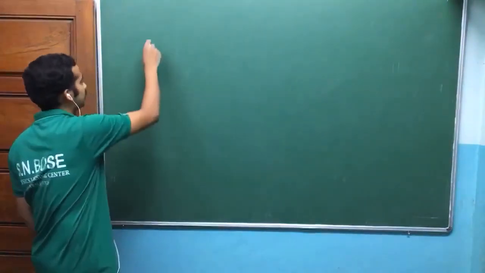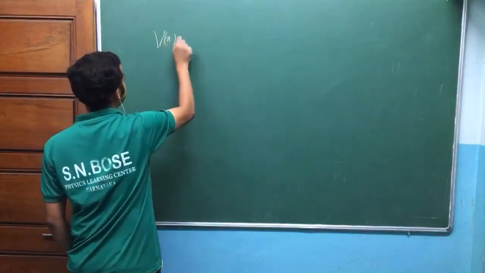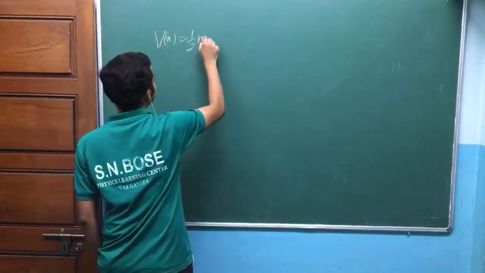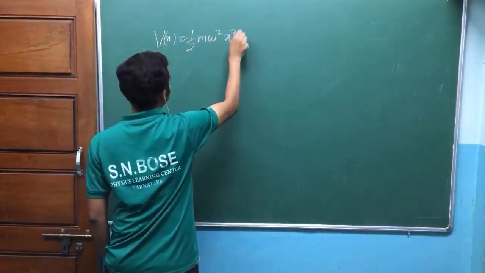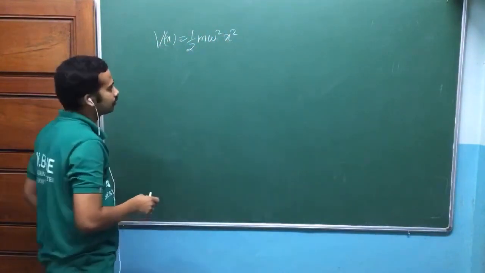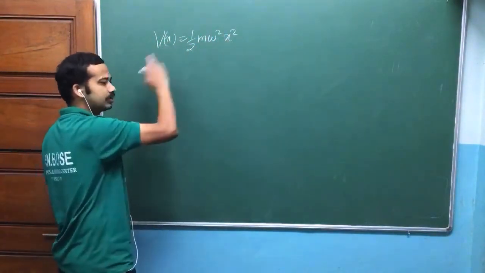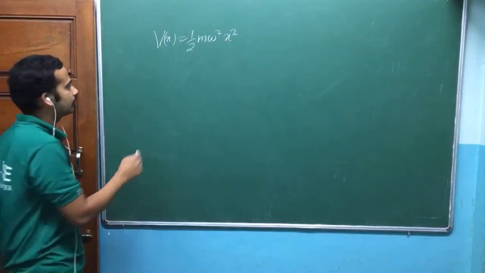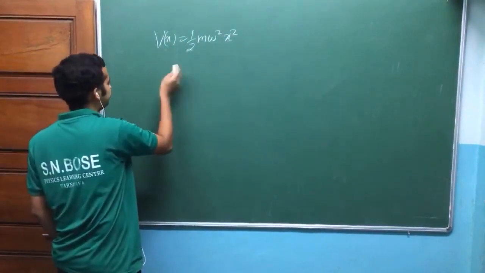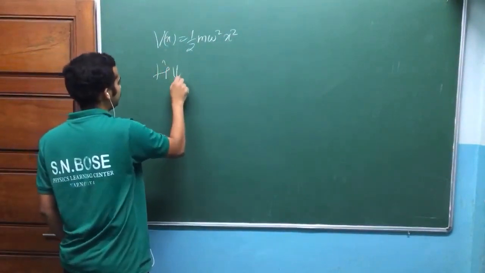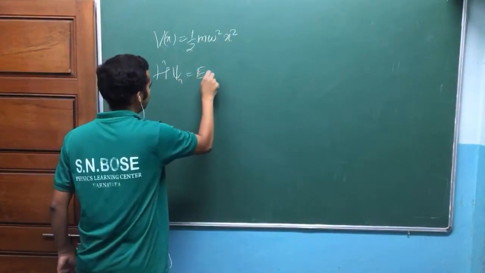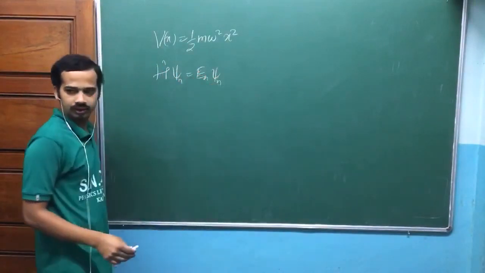Suppose I have a potential like this. In this potential, again the x range is minus infinity to plus infinity. You solved the Hamiltonian, H cap psi n equal to En psi n, am I right? You solved that equation.